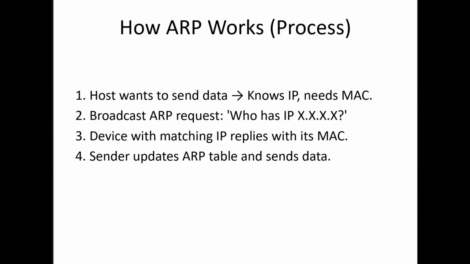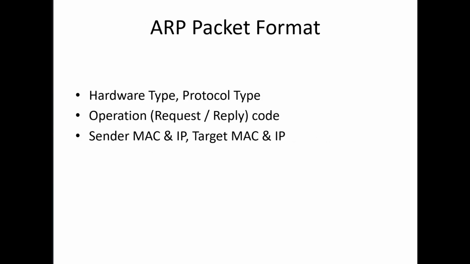It reverts back with its respective MAC address, and then finally the sender is able to store the MAC address of the receiver and then sends the data to the receiver. So, ARP is basically a question and answer system that happens behind the scenes to make sure devices can communicate and send the data in the correct manner.